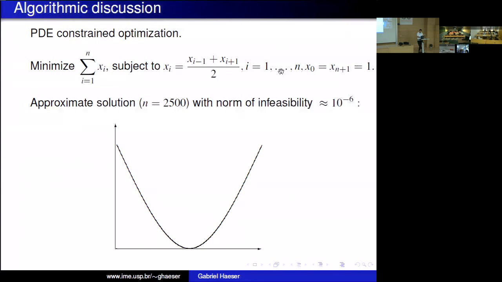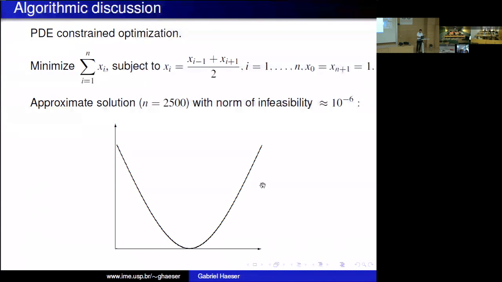But if you are trying to minimize this function subject to this constraint, what an algorithm may return is something like this. For every i from 1 to n, this is the value of xi. The solution should be a straight line here, but it gives this value with very low objective function. It's lower than you would expect, but it's not feasible.